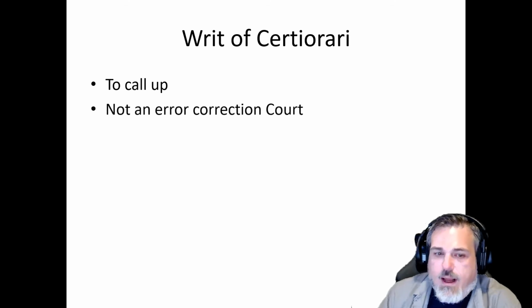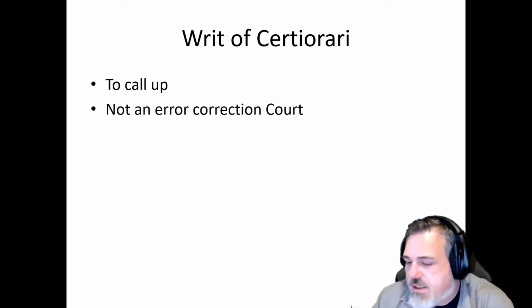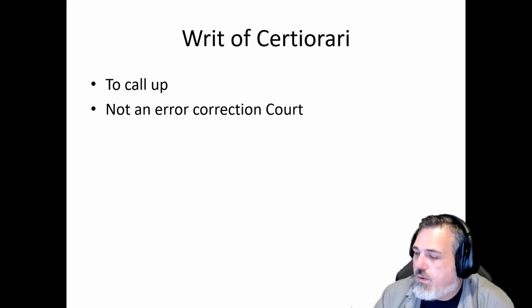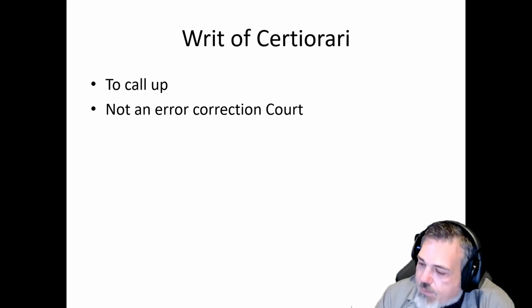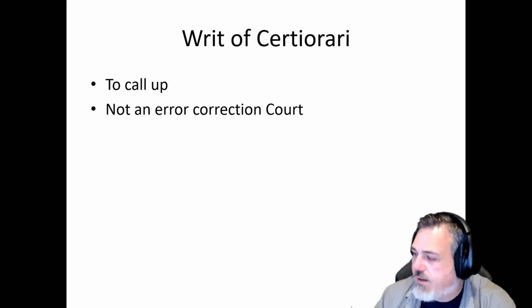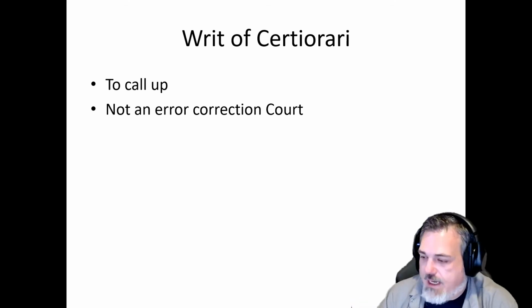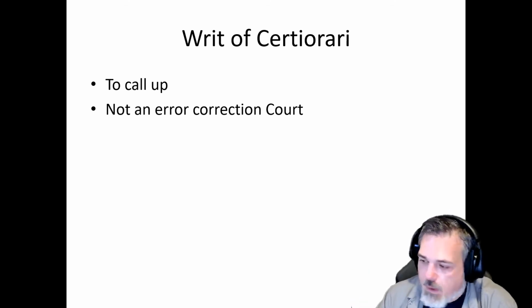One thing to note, and this bothers students to no end, but the Supreme Court itself is not an error correction court. What do I mean by that? If your case was decided incorrectly, but similar issues of law were decided correctly in almost every other case, then the Supreme Court won't take your case.